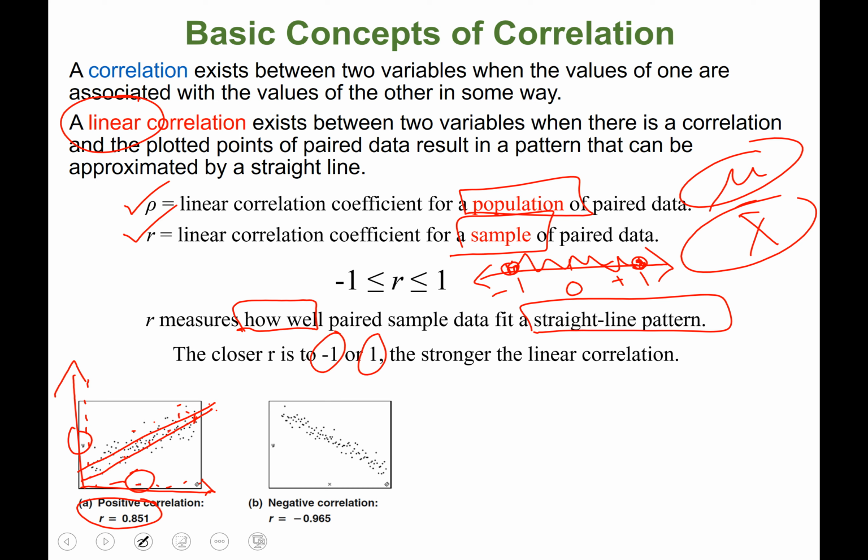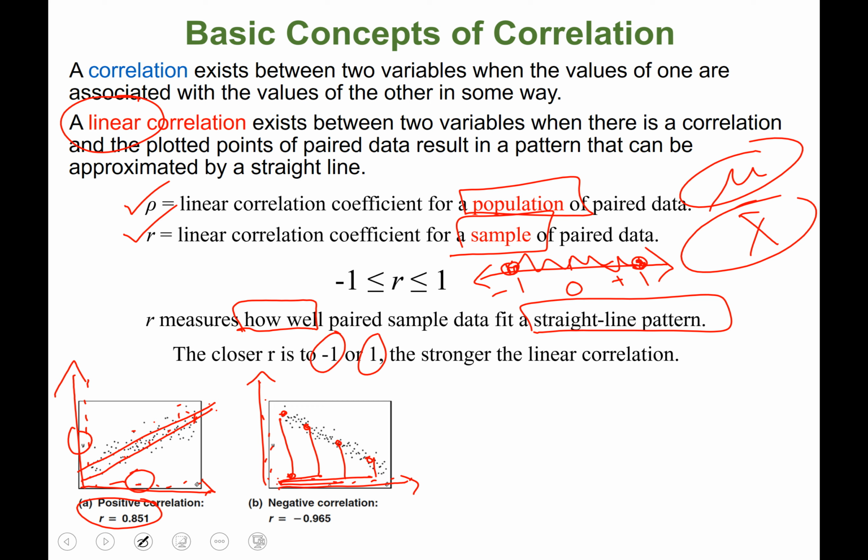All right, let's look at our next visual. We've got our same two variables, the x-axis and the y-axis. This time it looks like as our x values increase, our y values are actually decreasing. If I go to here on the x, up to here on the y, then further on the x and lower on the y, further on x and lower on y, further on x and lower on y.